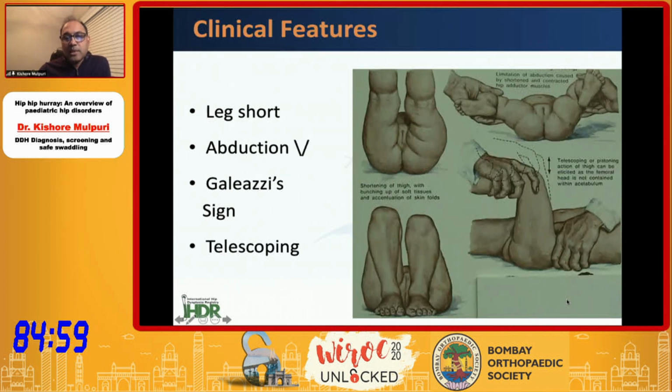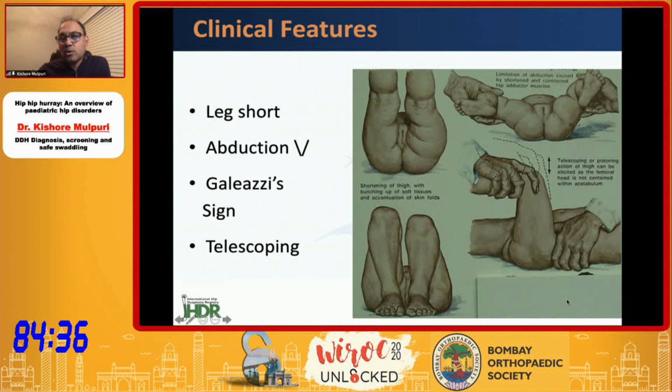Clinical exam is very, very common, no matter where you are in the world. If you're screening a child for DDH, depending on their age, you start off with the Ortolani and Barlow tests. And as the child gets older, then you start looking at other signs, like leg length difference, decreased abduction, Galeazzi sign.